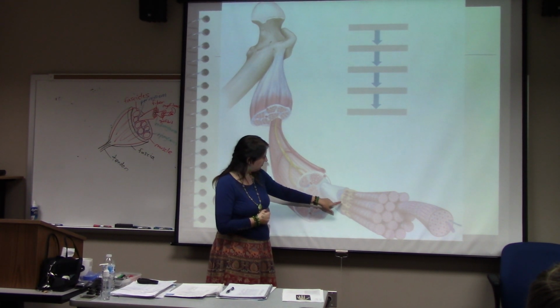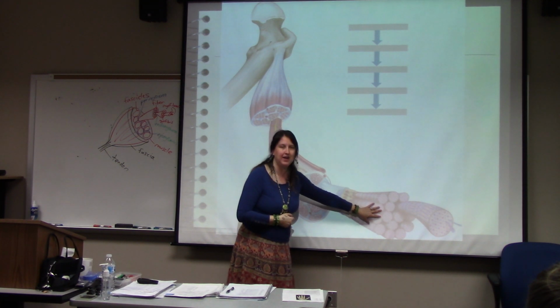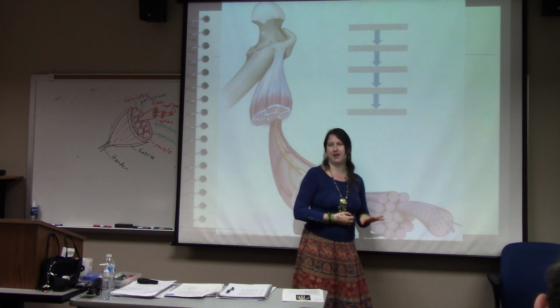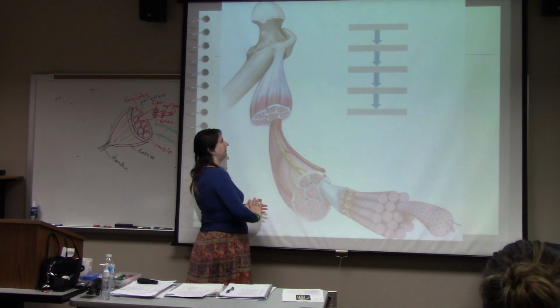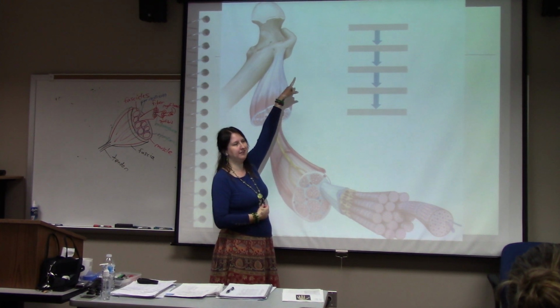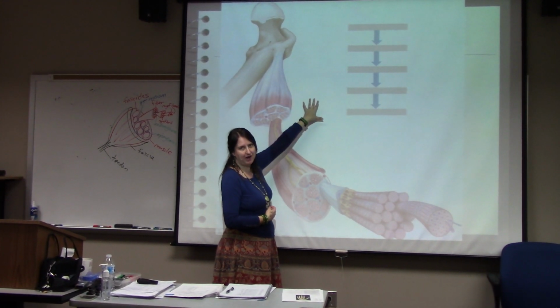We can see portions of some organelles. These are each myofibrils, and then the little purple and blue are the myofilaments. So on this flow chart, we go from large to small. We have muscle, fascicle, fiber, myofibril, myofilament.